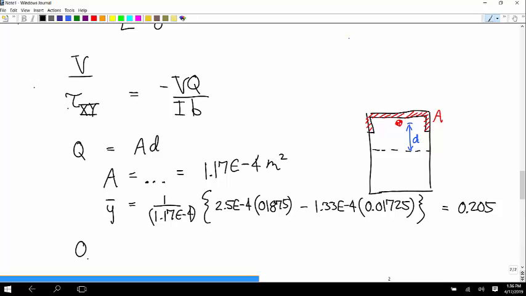Okay, so Q is equal to 1.17 times 10 to the minus 4 times that, which should have been 0.0205.